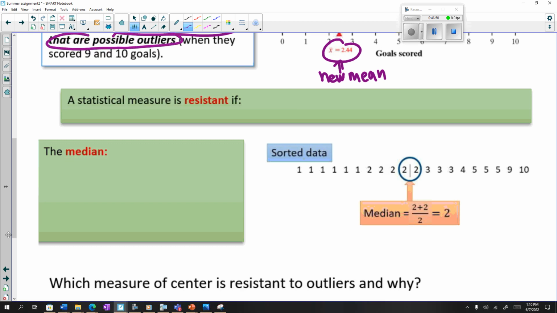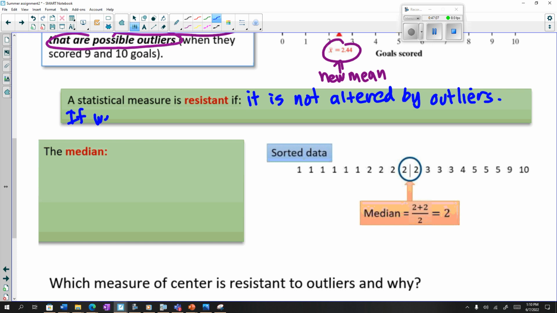A measure of center or any measure is considered resistant if it is not altered by outliers. What do I mean by that?